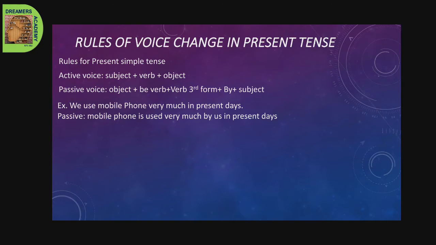Here the mobile phone, the object, comes first, then the be verb, as the mobile phone is third person and singular number.